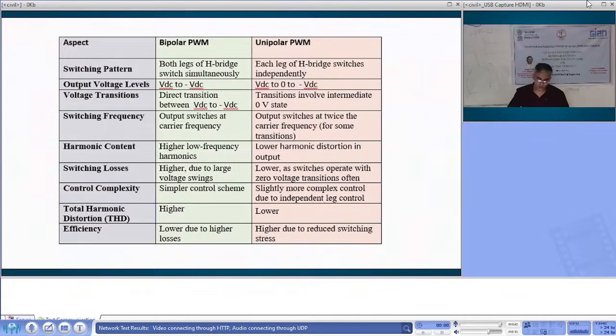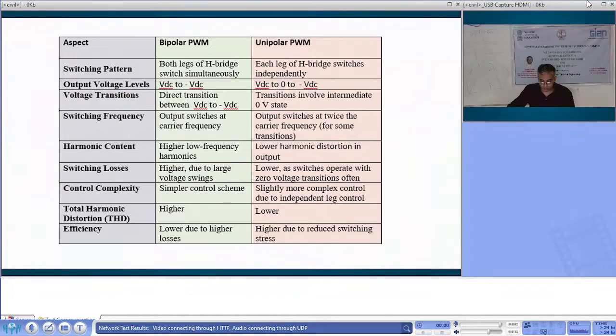If you compare unipolar and bipolar in terms of harmonic contents, you have higher low frequency harmonics in the bipolar as compared to unipolar. In the unipolar, you have lower harmonic distortion, so in that sense unipolar is better than the bipolar PWM technique.